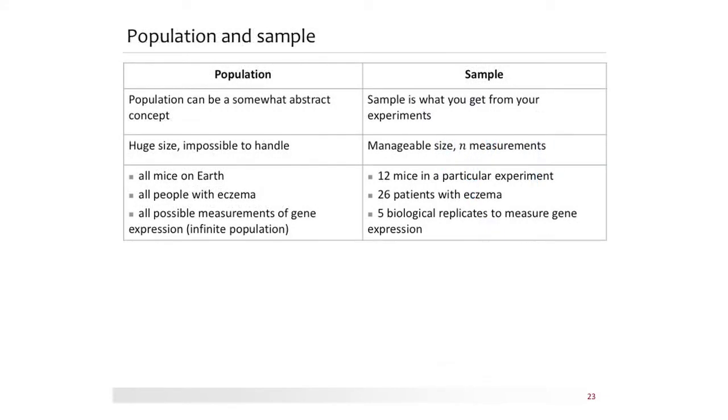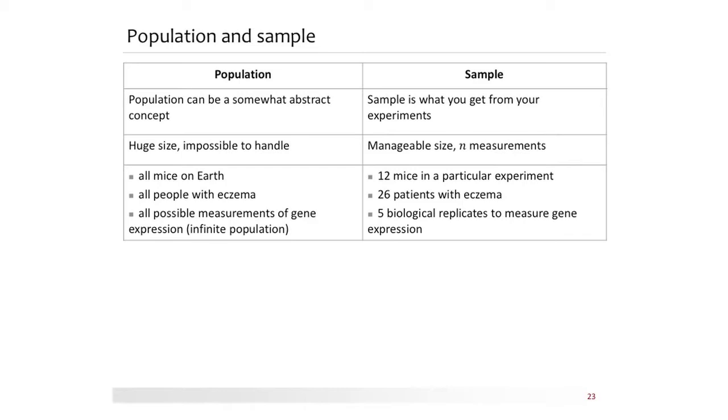This is what you get from your experiment, a set of numbers, while population can be somewhat of an abstract concept. It's huge in size, usually impossible to handle, while, well, that's the advantage of a sample. It's easy to handle. It's just n measurements. So if you have 12 mice in a particular experiment, that's your sample. The population will be, I don't know, all mice on Earth, all mice in the country. It's a bit vague.